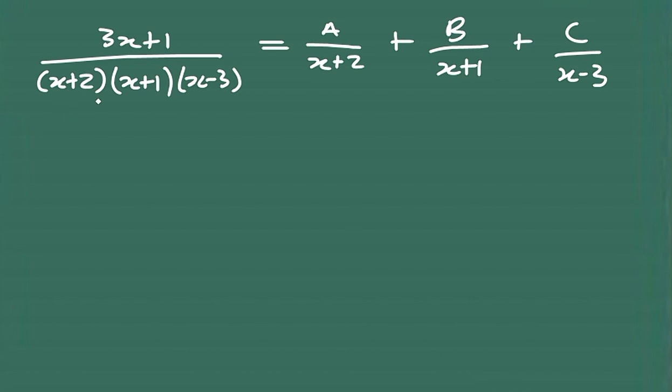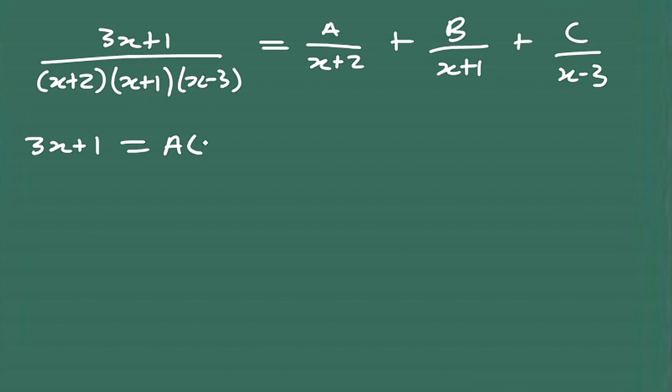Now, if we take this denominator and multiply it through by the expression on the left hand side, we are left with 3x plus 1, and on the right hand side this will be gone. Look at this, it is x plus 2, so x plus 2 will be done away with, and we are left with x plus 1 times x minus 3.